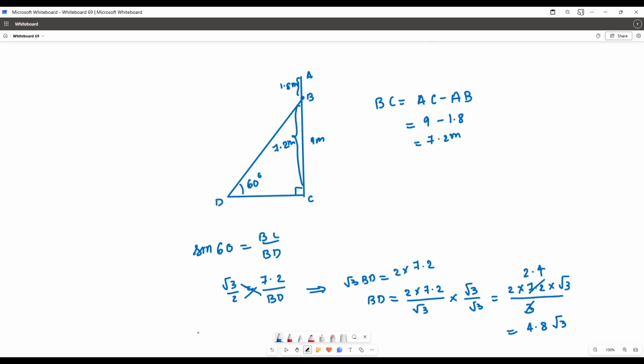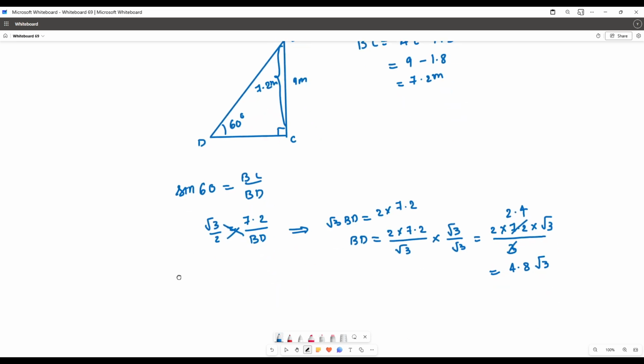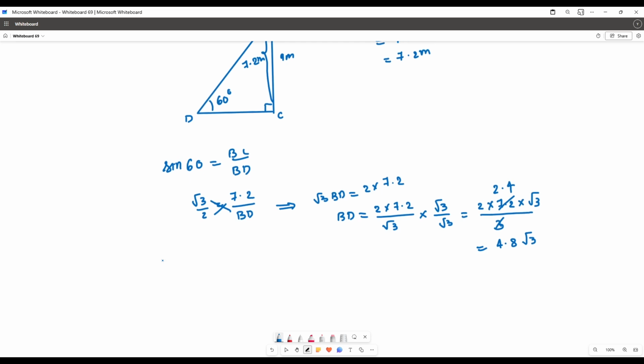He also asks us to find the length between the foot of the ladder and the foot of the pole, which is DC. The ratio which has the opposite side and adjacent side is tan theta. So tan 60 is equal to BC by DC.